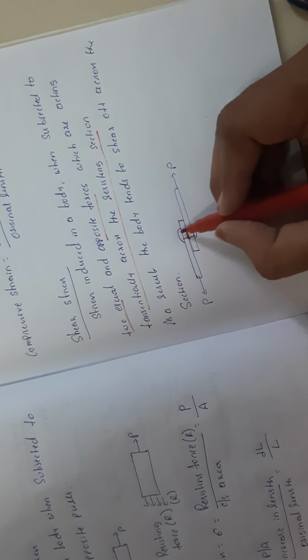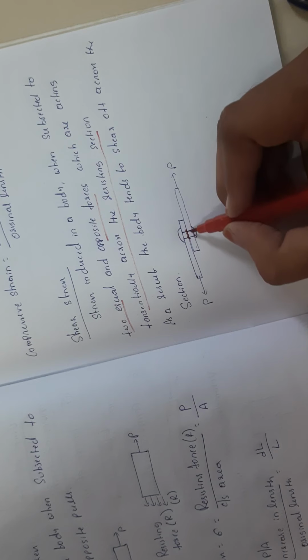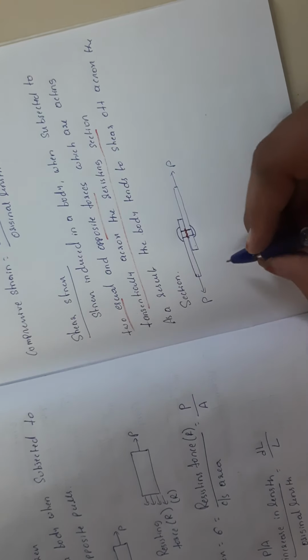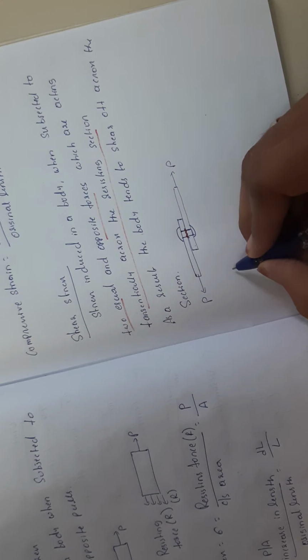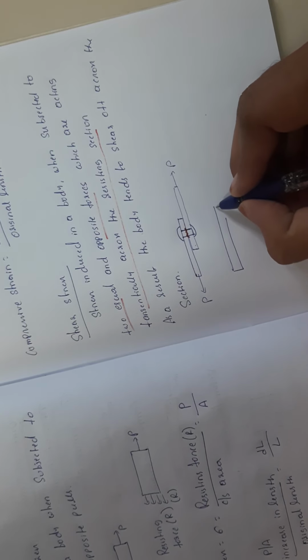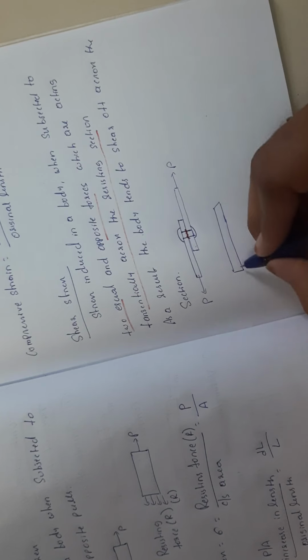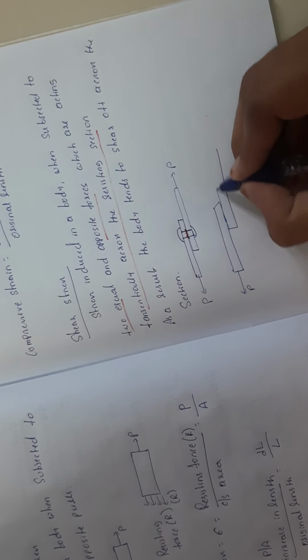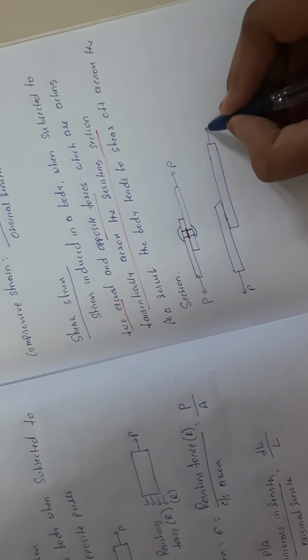But what happens to the rivet? The middle rivet will be subjected to a tangential force at this resisting section. As a result, this rivet will fail.